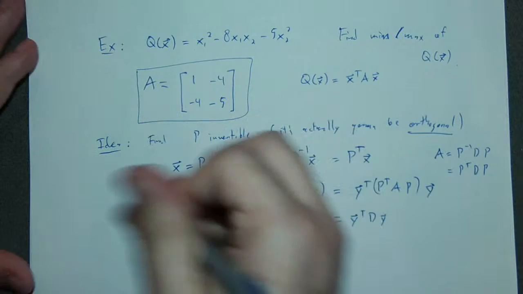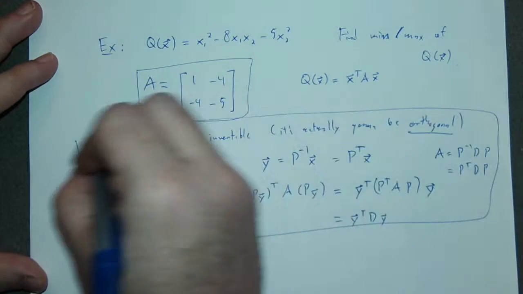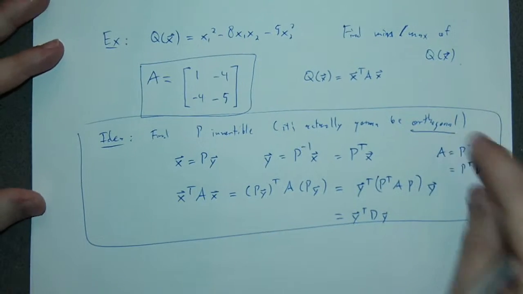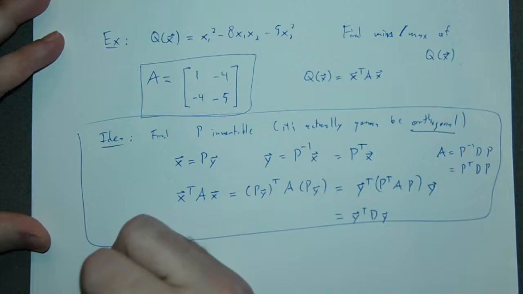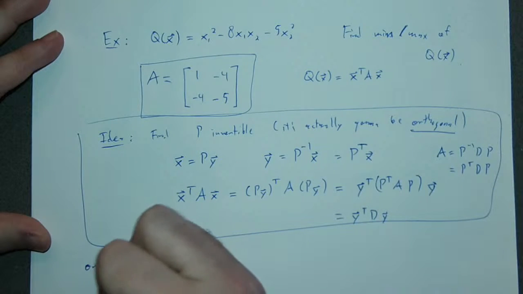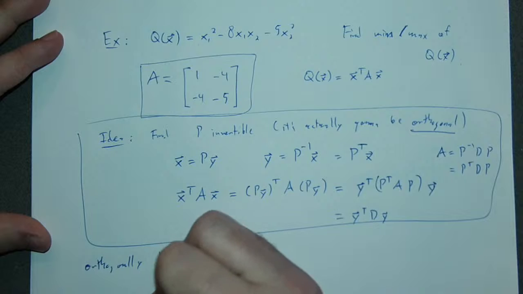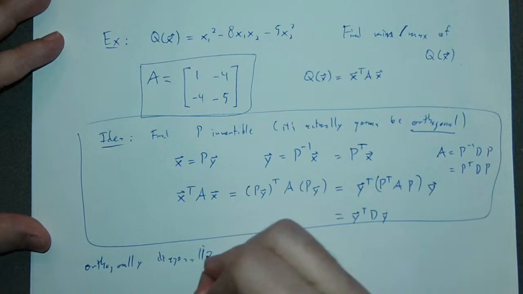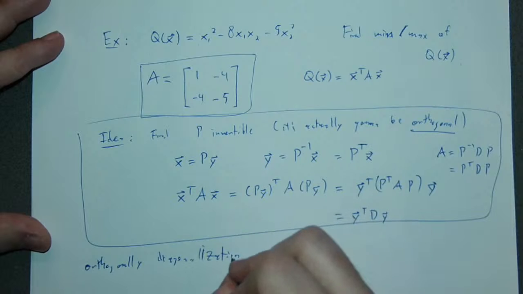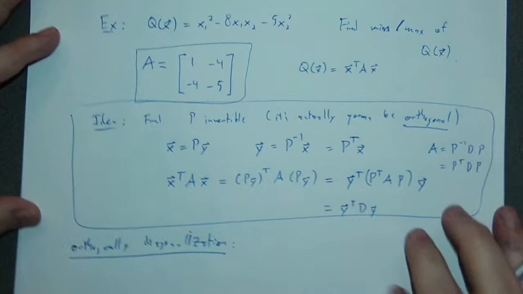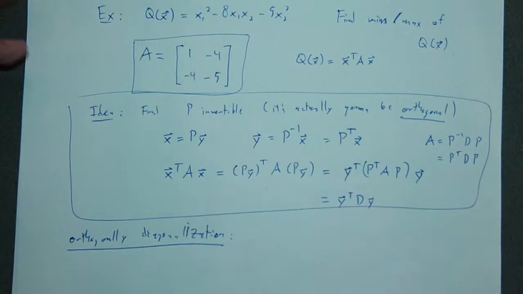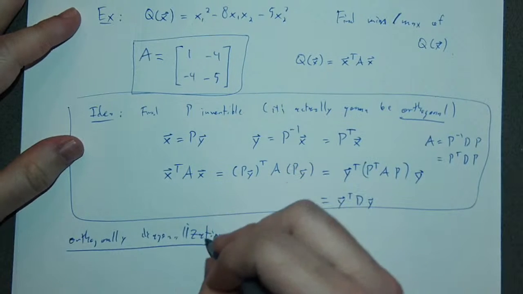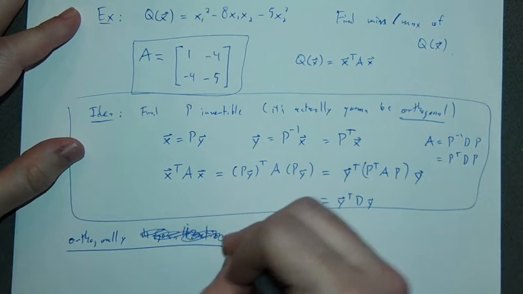So how does that apply to what we're doing here with A? The idea is I need to orthogonally diagonalize A first. The fact that it's an orthogonal diagonalization means you only have to do one extra thing.